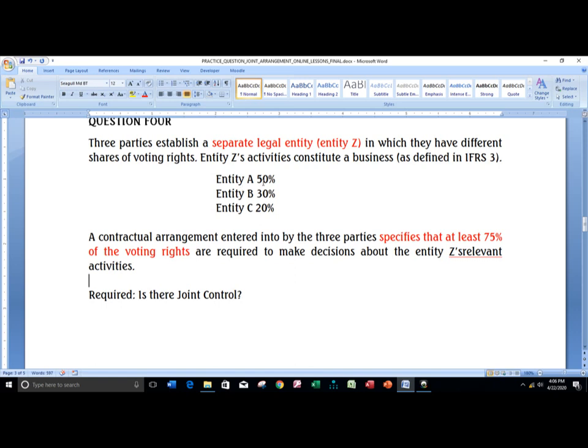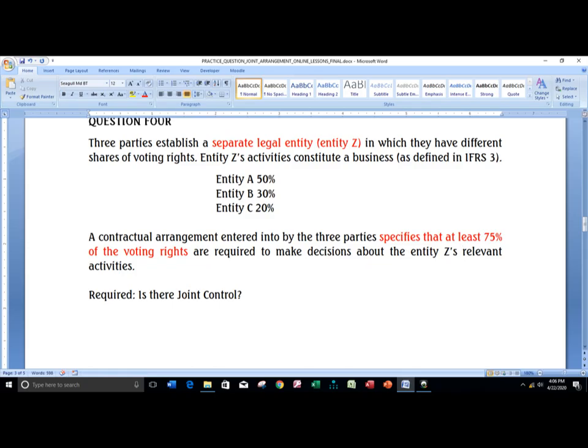If A and B must come together, they can get 80%. BC will get 50%. So a contractual agreement entered into by the three parties where at least 75% of the voting rights are required to make decisions about entity Z's relevant activities. So 75% is the key word.